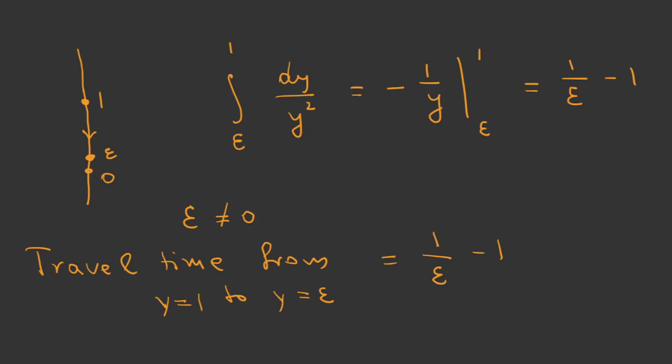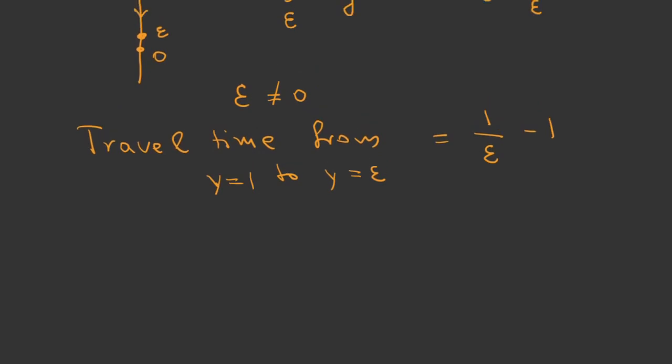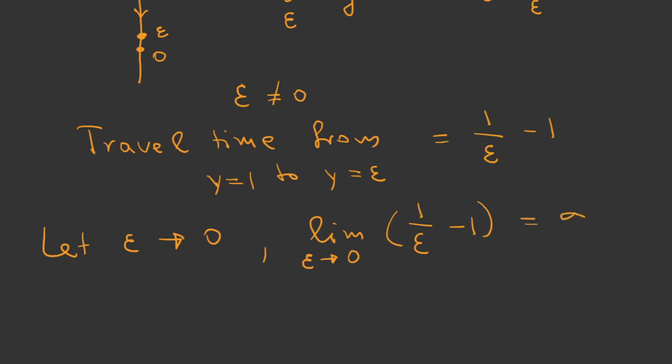Well, what happens when we let epsilon go to 0? When we make epsilon smaller and smaller in order to determine how long it will take for our object to arrive at y equals 0, what happens with the travel time? So when we let epsilon go to 0, the limit of 1 over epsilon minus 1 doesn't exist, but more precisely you can say that that is an infinite limit.